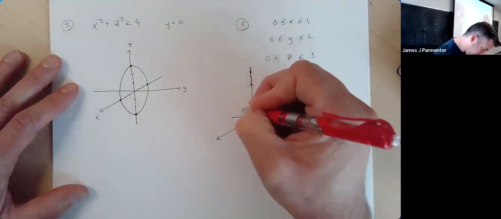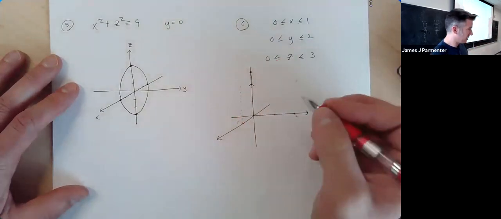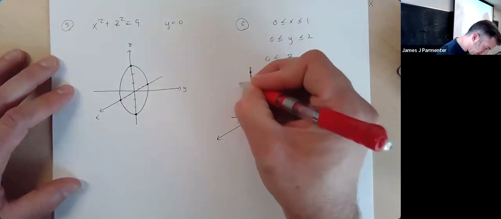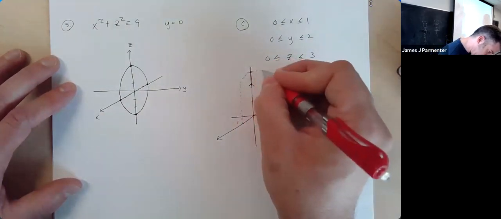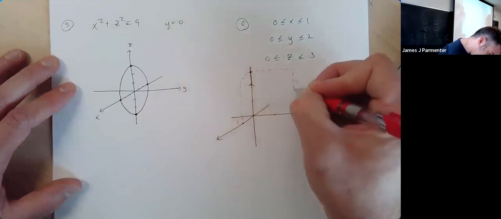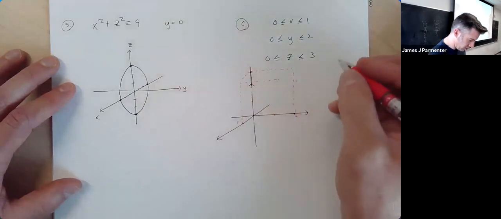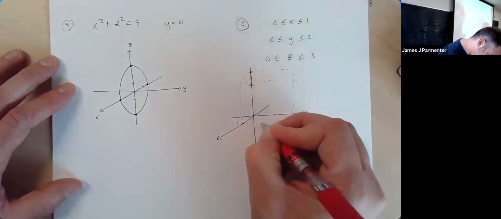The only difference between this and drawing the points is now I'm going to fill in the whole shape, which feels like a waste of ink maybe. Here's my box that I would have drawn if I was trying to find the point (1, 2, 3).